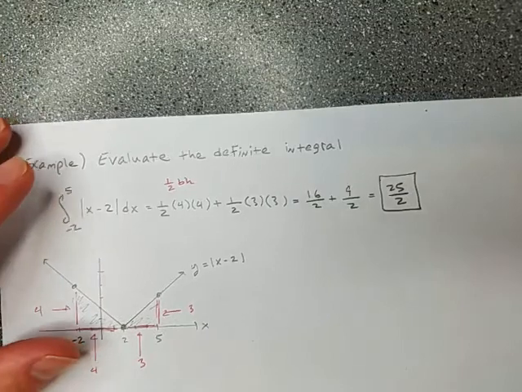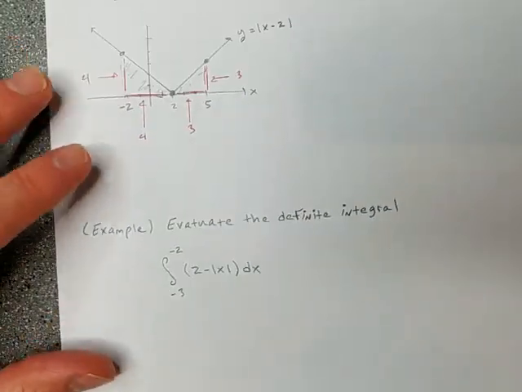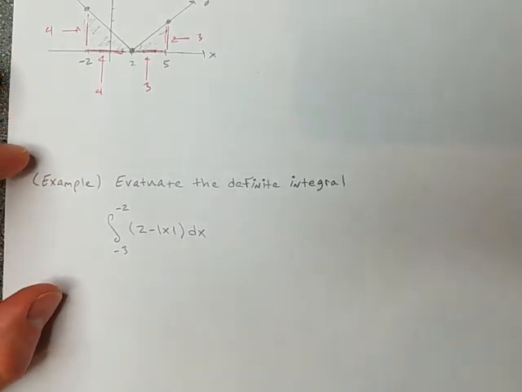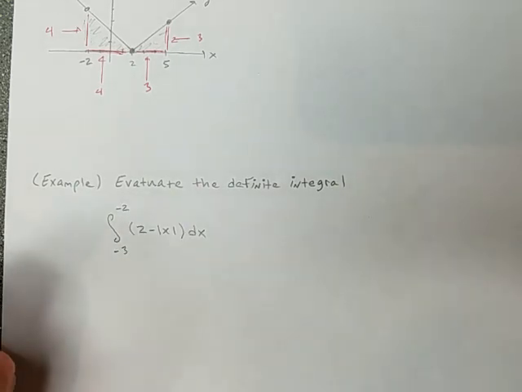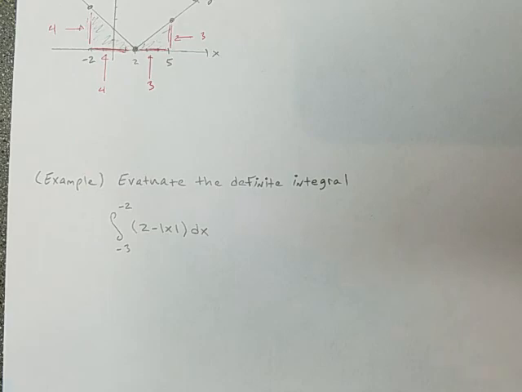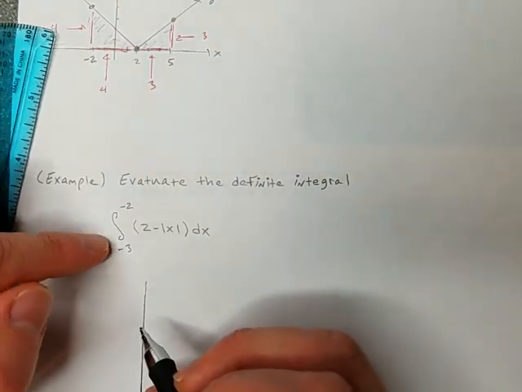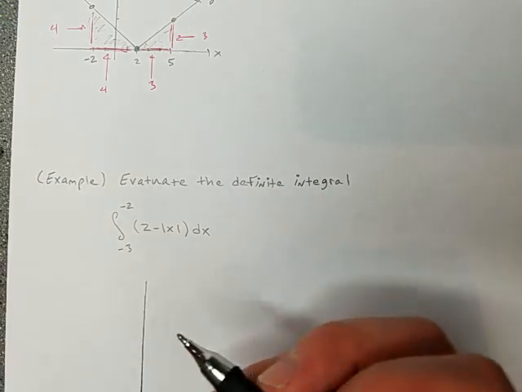Now it's been established how you work these, so let's practice some others. And like anything I do, if you watch the videos, you could pause this and maybe work that one out from what I showed you in the previous problem. You could try it, but I'll show you right here. So let's see. What are we looking at here? The definite integral from -3 to -2 of 2 minus the absolute value of x dx.